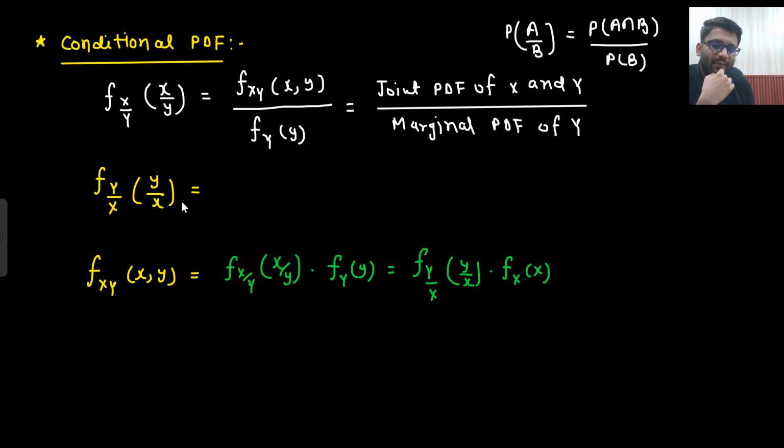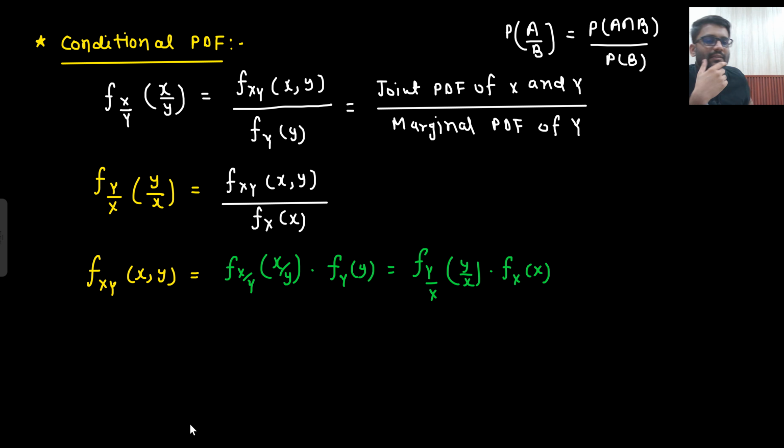Similar thing will go here, y given x. So y intersection x. What is the meaning of intersection? Comma means intersection only, right? So the joint PDF of random variables x and y divided by the marginal PDF of random variable x.